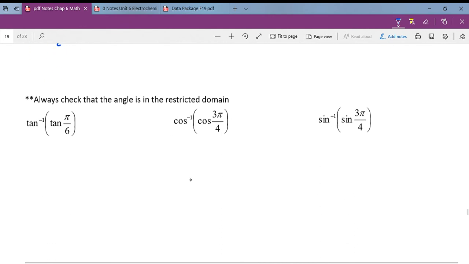So what if we went the other way? What if we did the inverse tan of tan? Again, I expect them to undo each other. My answer I'm expecting is pi/6. The biggest thing you want to make sure is that the answer they're giving you in here fits the restricted domain, or sorry, range. I keep saying domain. So is pi/6 in my realm of answers for inverse tan? It is.